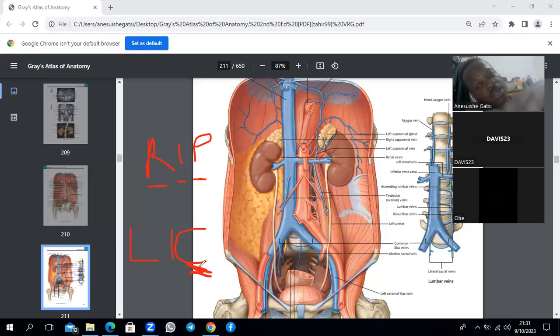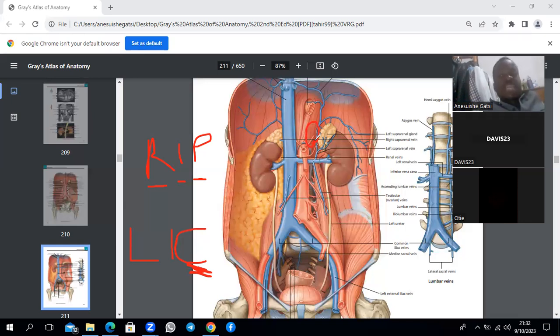So these are glands on top of the kidney, so they're also more likely to get blood supply from the renal artery. That's number 1. Number 2, they have an artery coming directly from the aorta, which we just call the middle suprarenal artery. Then they have a blood supply coming from the very first branch of the aorta when it goes into the abdomen, which we call the inferior phrenic artery.